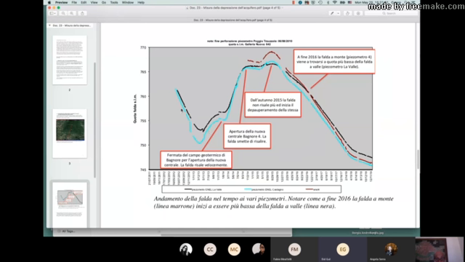So the lines that you are seeing are the measurements through time, from July 2011 to November 2018, of the level of the water table. Do you see the very high peak?